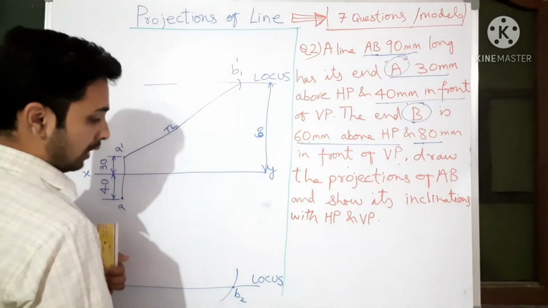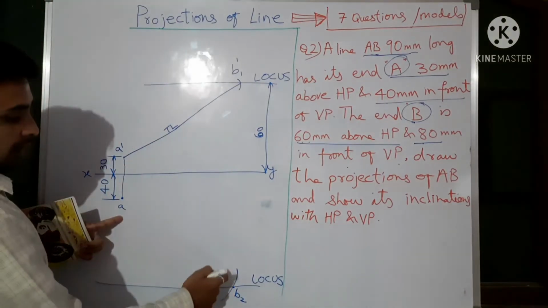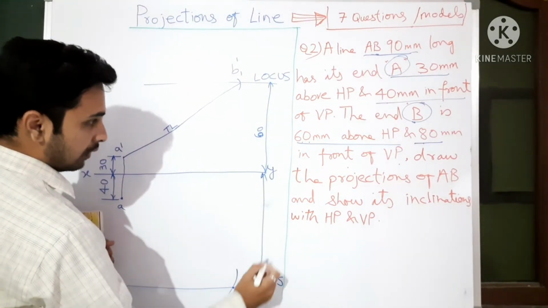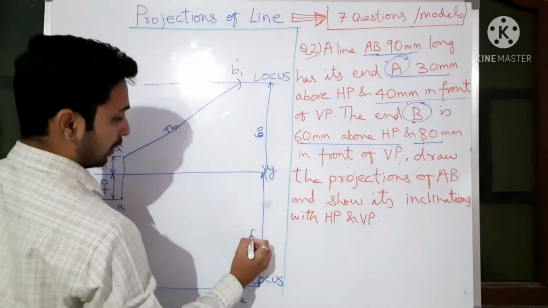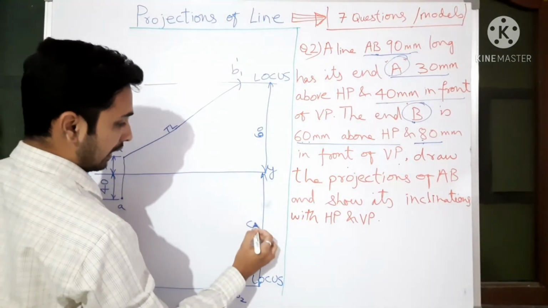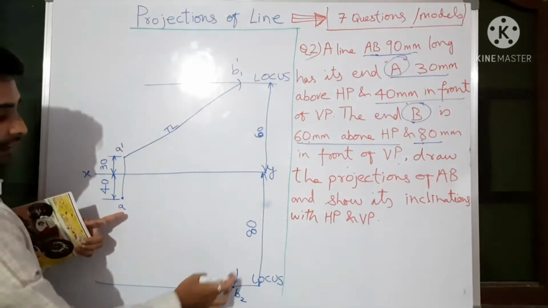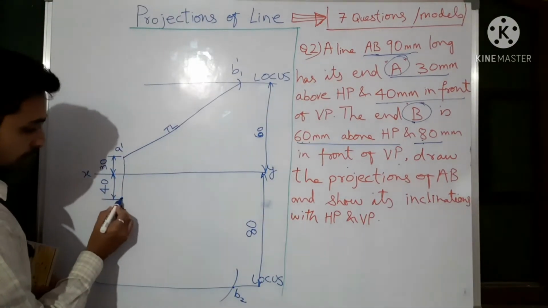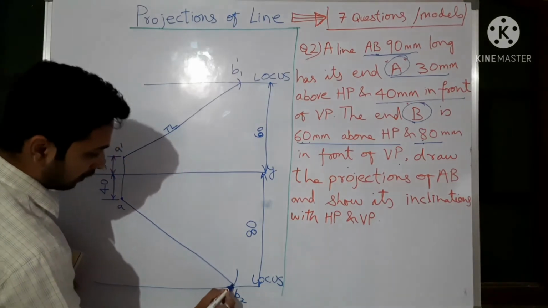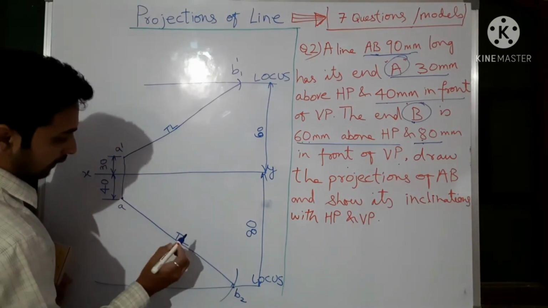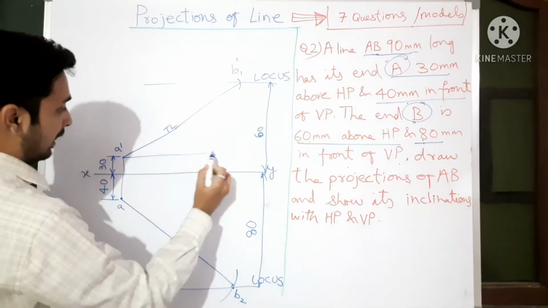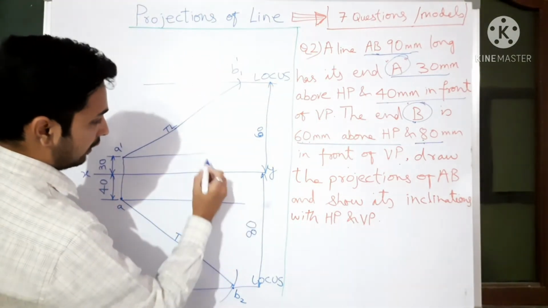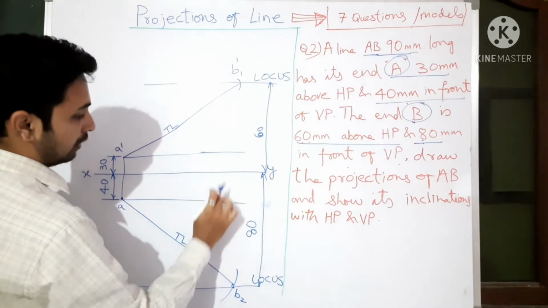The locus is at a distance of 80 mm because the other end lies at 80 mm and the length of the line is 90 mm. Now join A to B; this is also true length. These two are construction lines, you can draw any length, but they should be exactly parallel to the XY line.